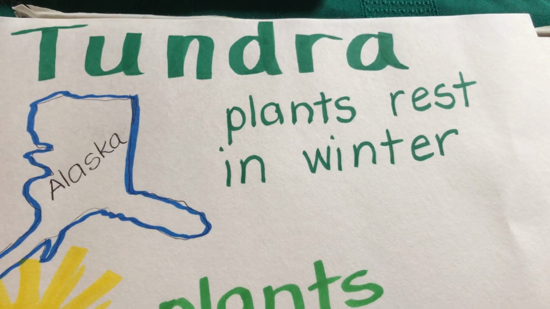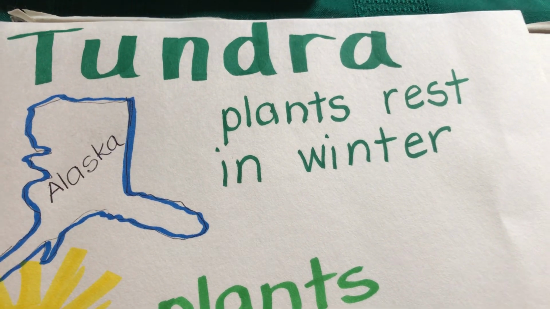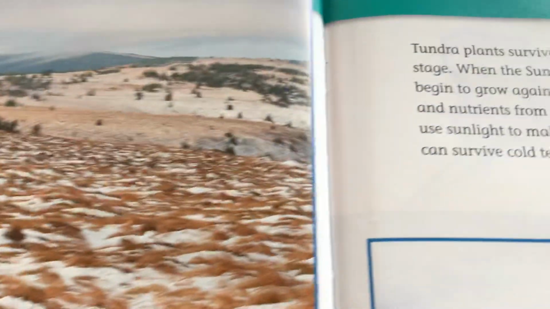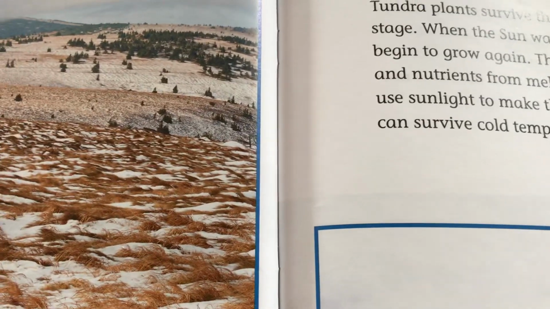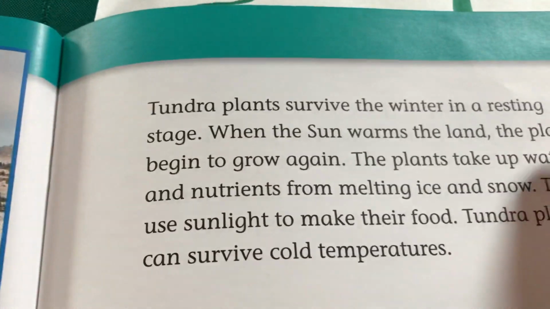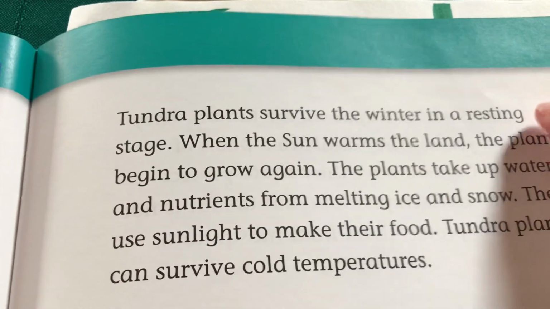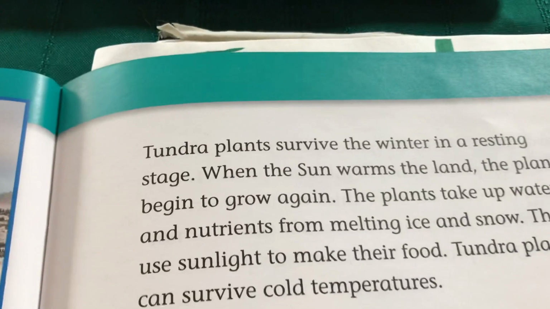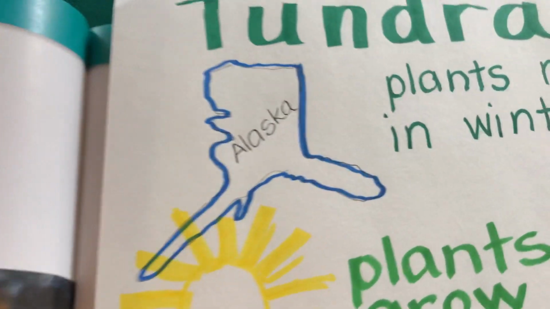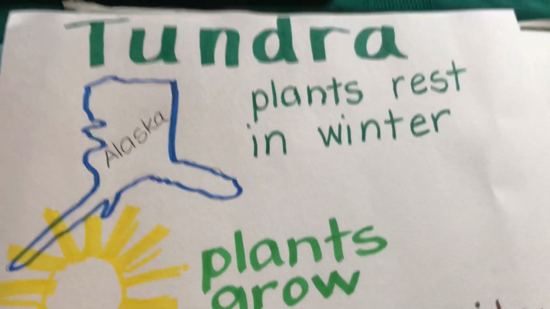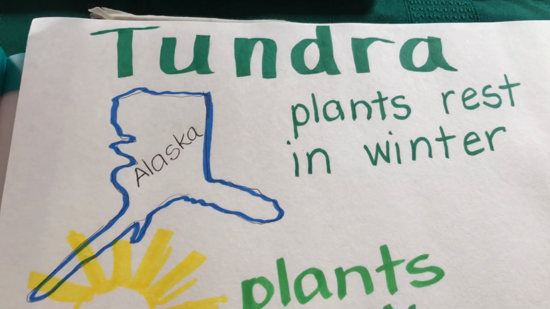And I wrote the plants rest in winter. Remember it said plants are in a resting stage. That's kind of the part of their cycle that is resting when they're just under the ground. They're not really growing right then.